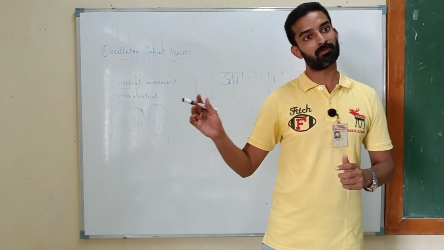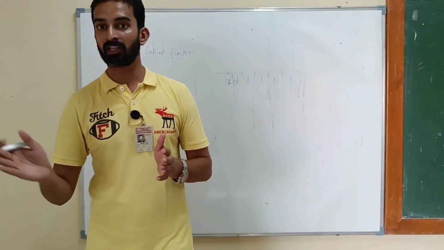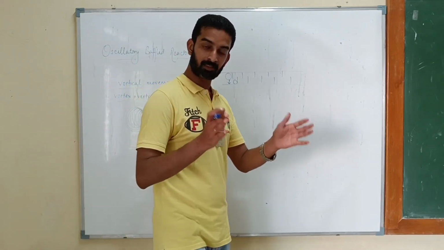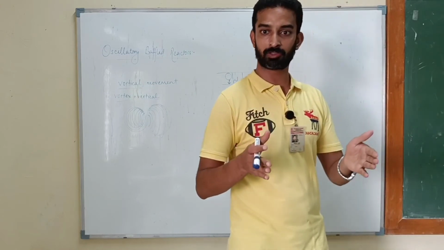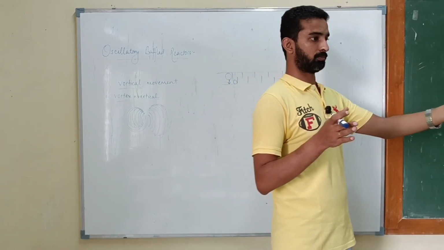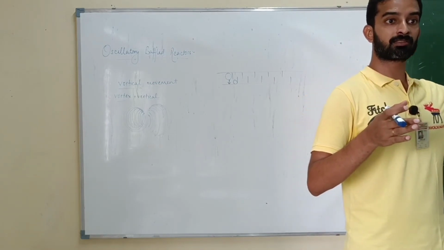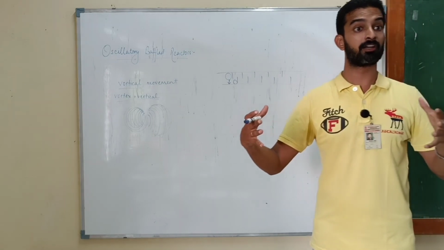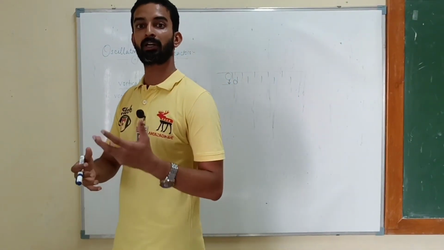And I need to keep the reactants for 10 minutes. So suppose the velocity is too high, say 10 meters in 1 minute. So in 10 minutes, 100 meters. So the length of the reactor will be 100 meters. So that is the reason why I told you that that is practically not possible for continuous reactors.